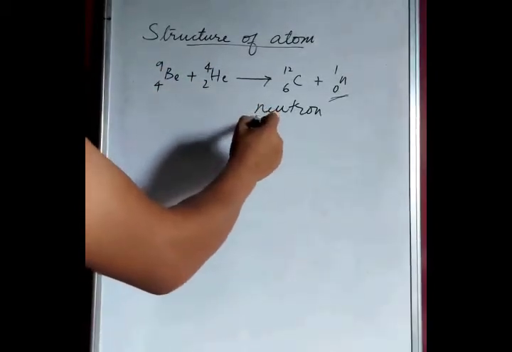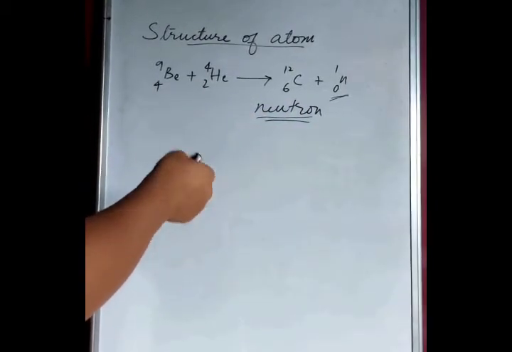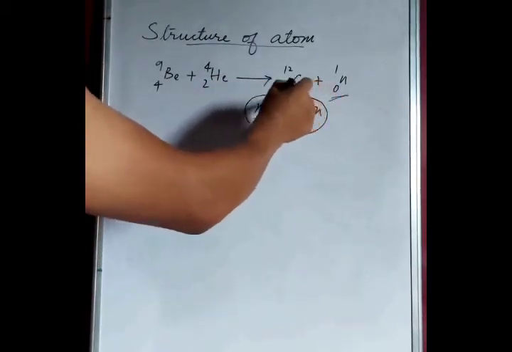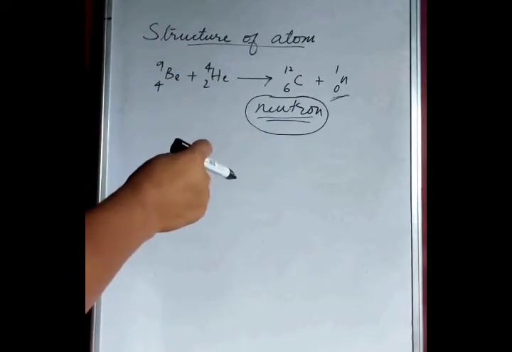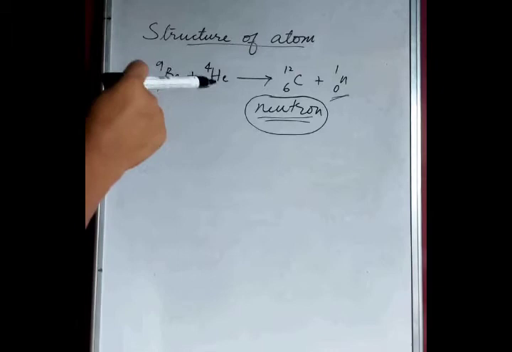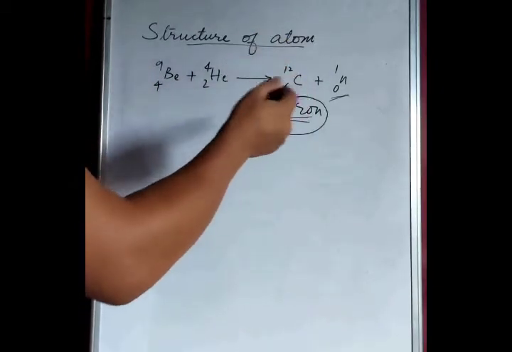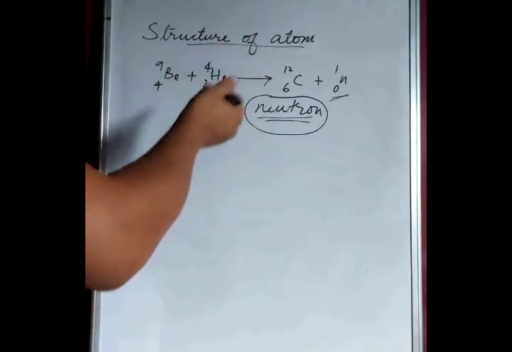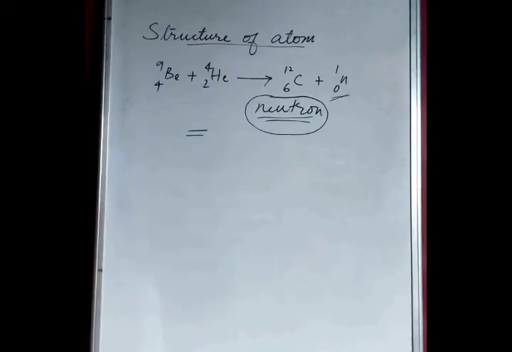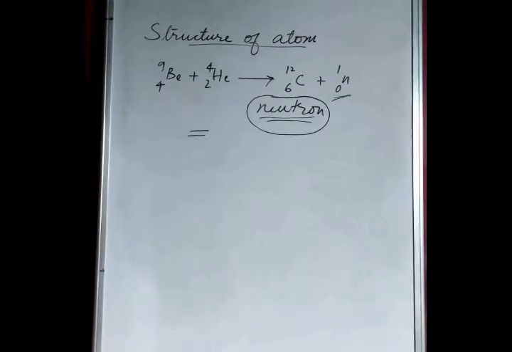With the discovery of this neutral particle, the anomaly in the mass of an atom was sorted out, because the neutron has almost the same weight as a proton. So when you add all those particles, it gave the actual mass of an atom. That's how the mass of an atom was sorted out, by discovering the fundamental particles.